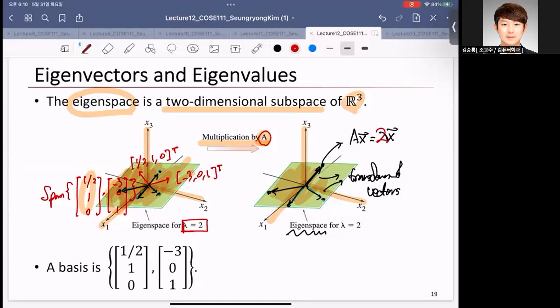If you know the eigenvalue and eigenspace of matrix A, you can easily expect that vectors in the eigenspace stay in the eigenspace while having a different magnitude. So this is the geometric meaning of the eigenspace. In this case, the basis was the two vectors.